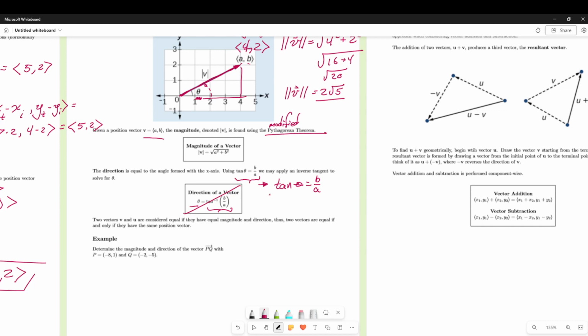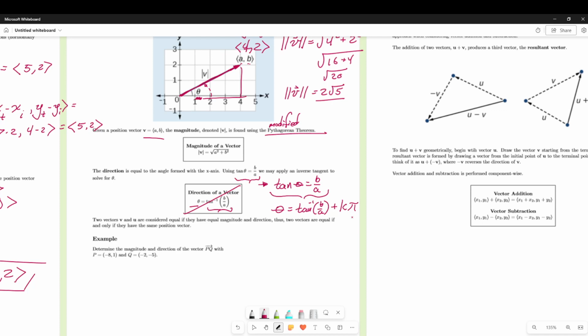So we should be thinking that the tangent of the direction is that b over a, and then when we solve, we're going to get, sure, the tan inverse of b over a, but remember, we're also going to get all those extra half rotations from the period, and sometimes we need that because we need to be going into quadrant 2 or quadrant 3.